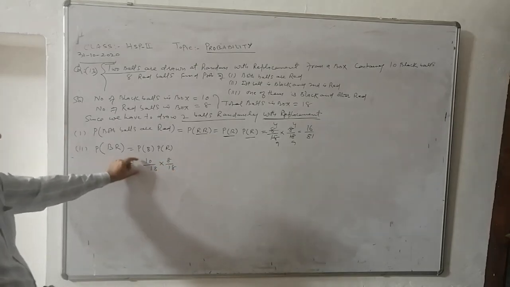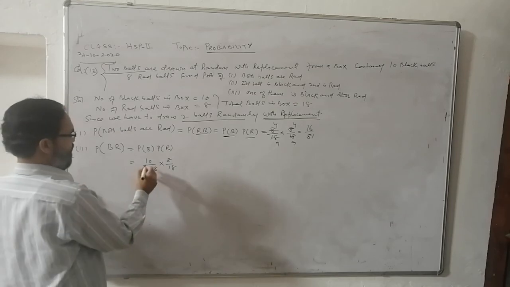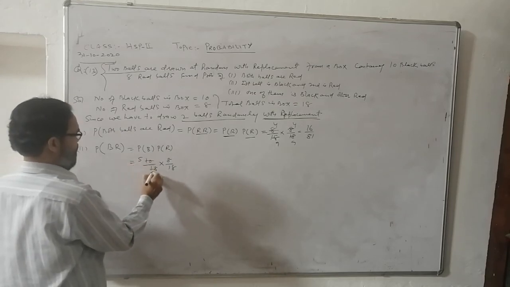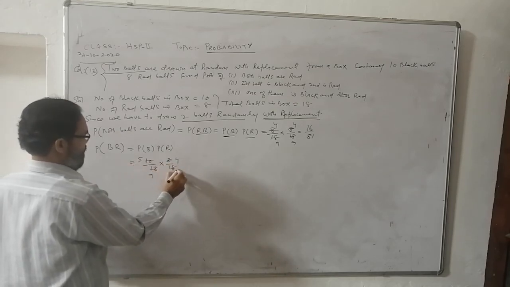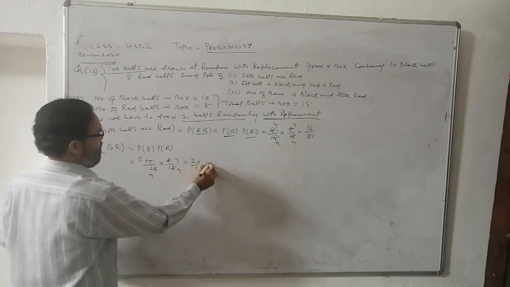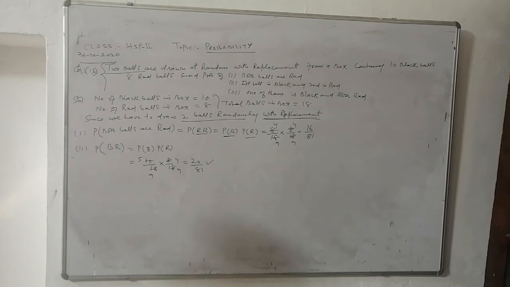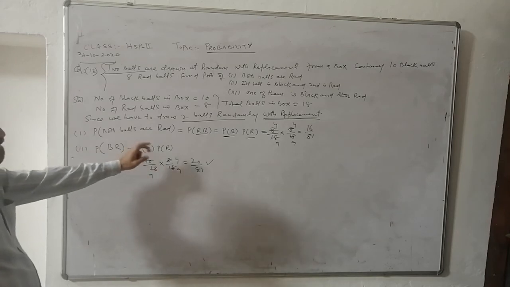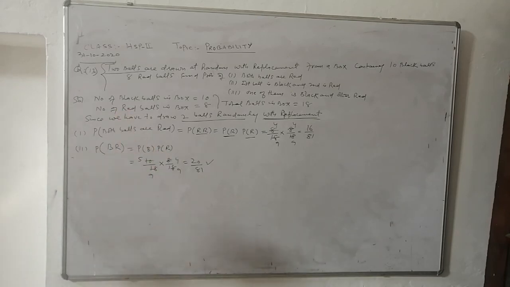This will be 20 upon 81. So 20 upon 81 is the probability that the first ball drawn is black in color and the second ball drawn is red in color.